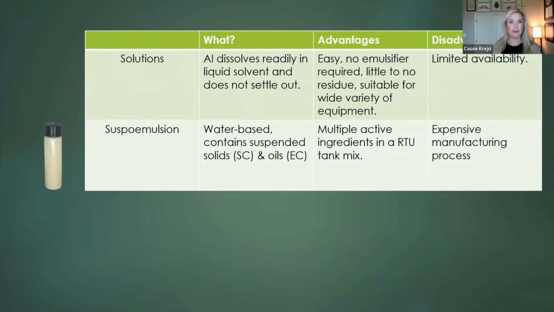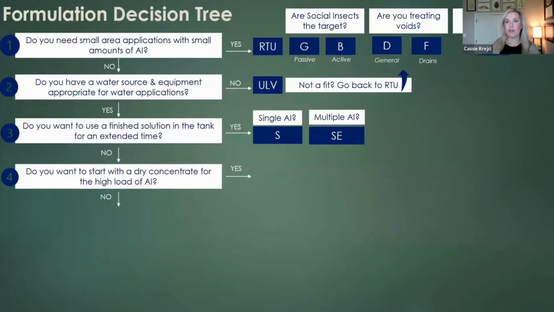It essentially becomes a ready-to-use mix that doesn't ever fall out, but it is a more expensive manufacturing process, as you can imagine. Examples include Crossfire and Sabari. And you can see over there this picture of a soluble emulsion. It looks like a true thick formula, but it is not quite as thick as some we will talk about soon.